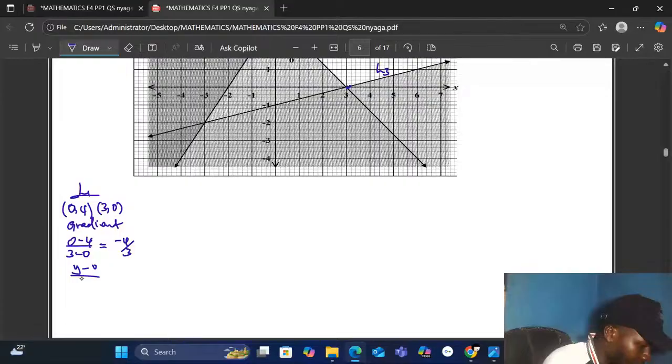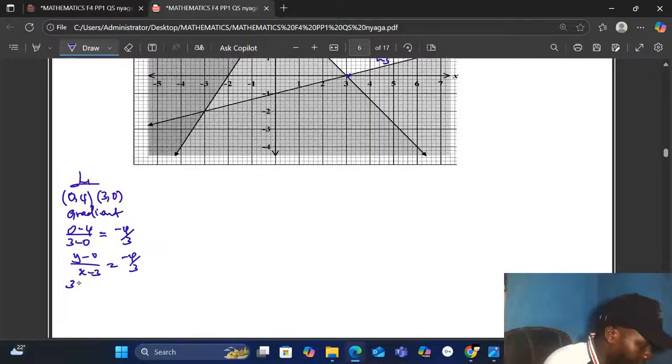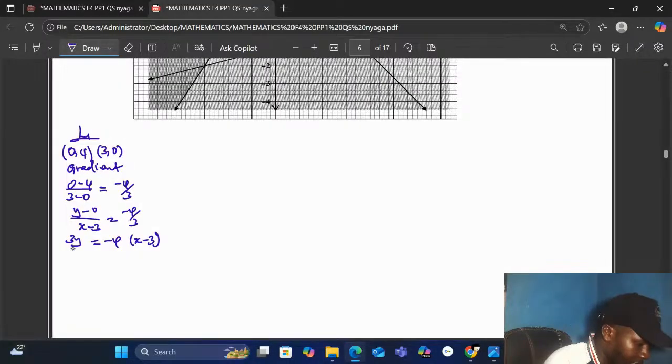And we shall have 3y equals negative 4 into x minus 3. Open the brackets, so 3y is equal to negative 4x plus 12. We divide by 3, and we have y equal to negative 4 over 3 x plus 4.